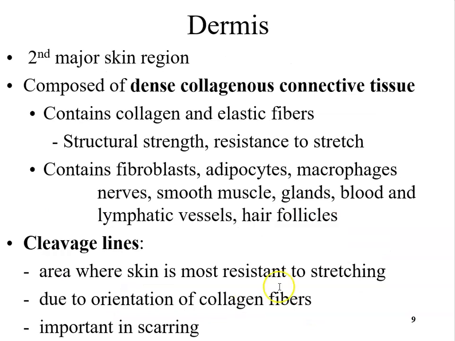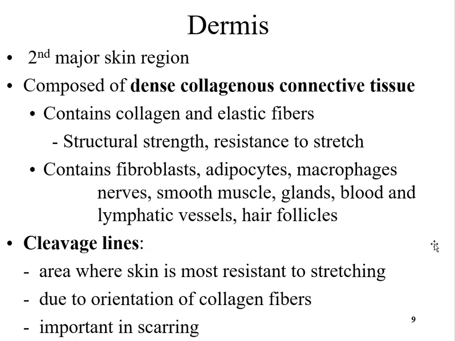The underlying dermis is quite a bit thicker, and it's quite heterogeneous. So while the epidermis was all that epithelial tissue, here we're going to have a lot more going on. The bedrock, the base, is going to be dense collagenous connective tissue.